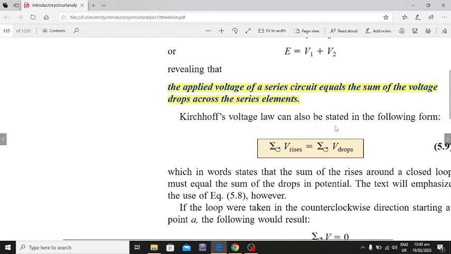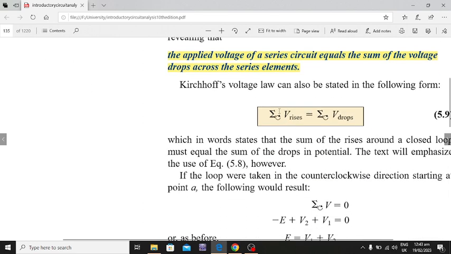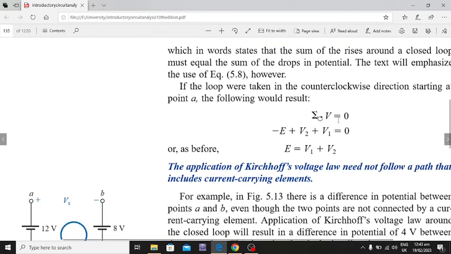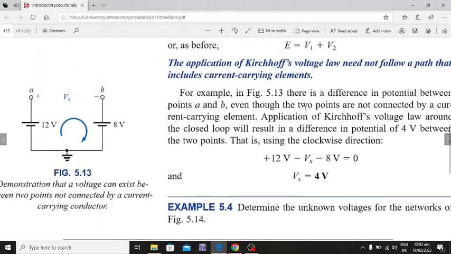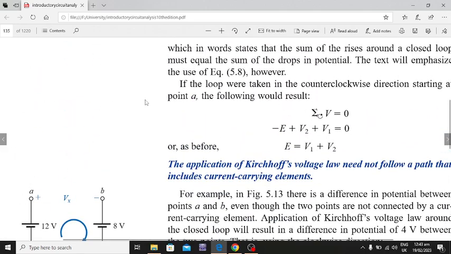So symbolically, the summation of potential rises is equal to the summation of potential drops. This was the basic law which Kirchhoff described. In other words, we can summarize it as: the algebraic sum of all the voltages around a closed path or around a loop is equal to 0. This is the law which Kirchhoff proposed.